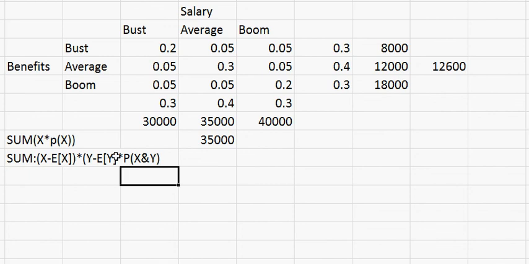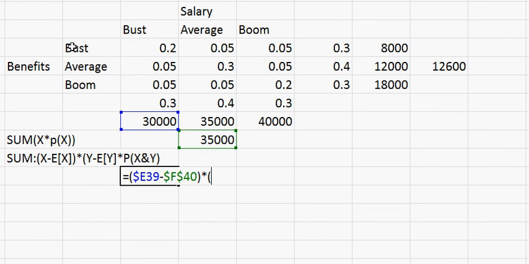So I'm going to follow that exact formula and enter the values for these various cells. I'm going to have an X. For the entire bust column, I want X to be 30,000. The bust column is E, so I'm going to lock in E. That's X. Expected value of X is here. Lock that in. Then I'm going to multiply by Y.